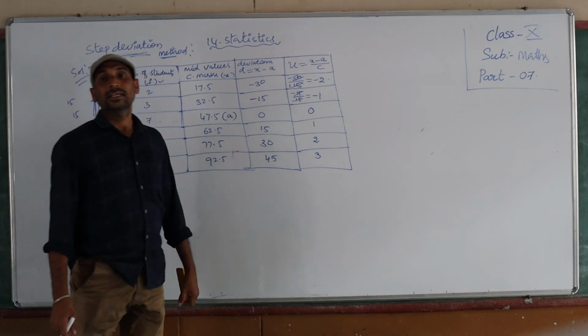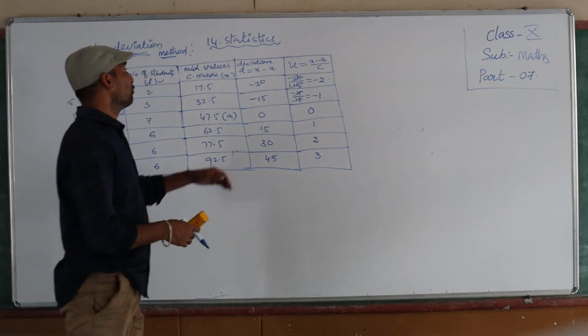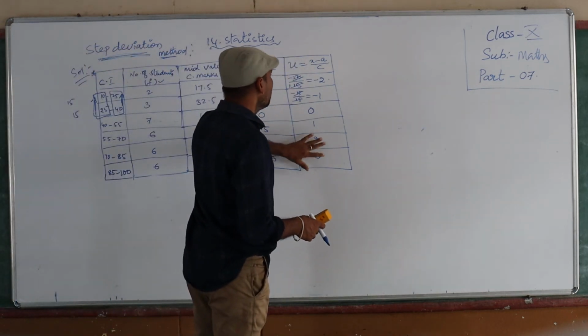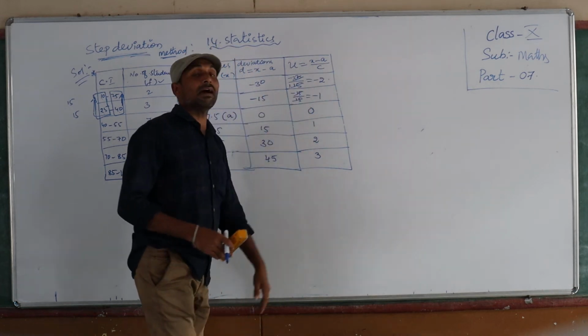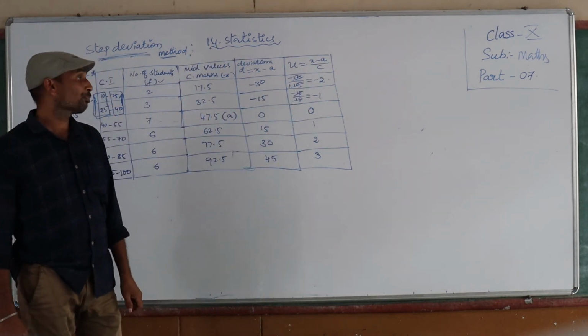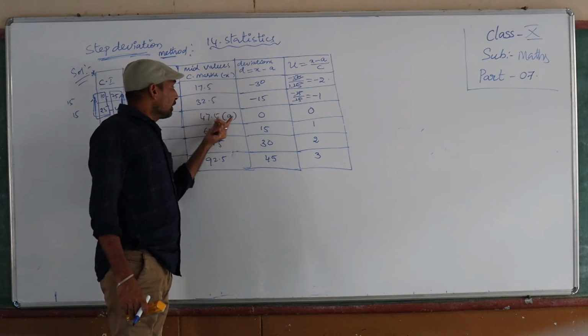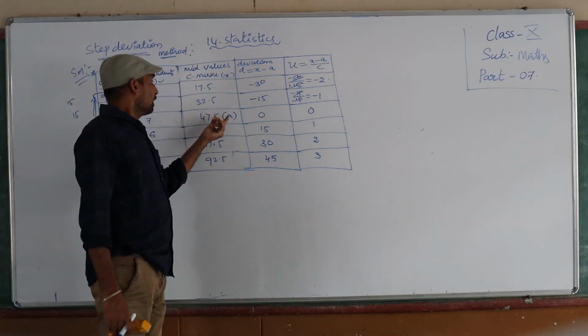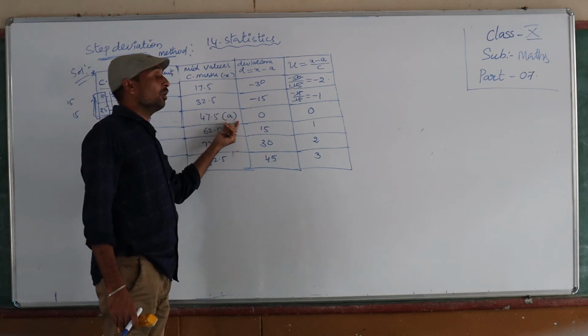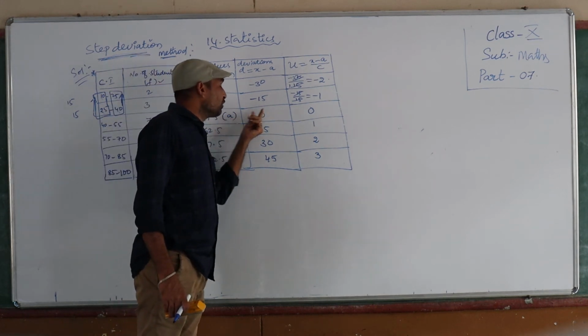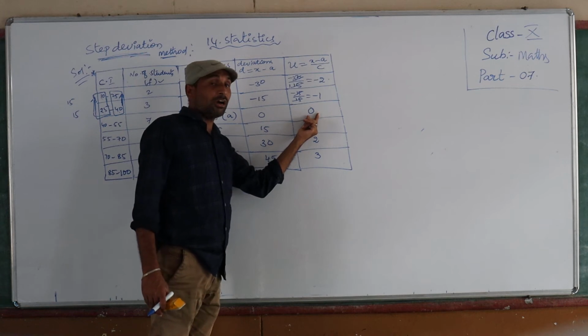See children, instead of finding like this, we can directly write these answers. How? Exactly, the assumed value A row gets 0.